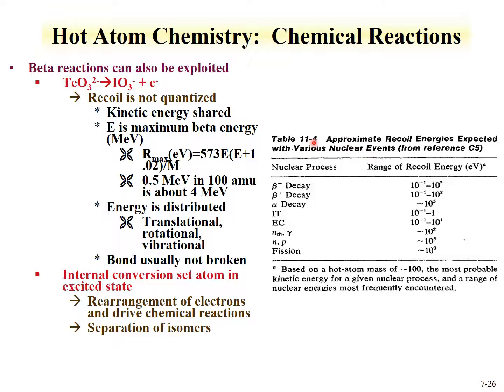And again, looking at some recoil energies expected from various decay events are listed here. As we see, beta decay, positron decay, and fission certainly has sufficient energy to achieve separations.